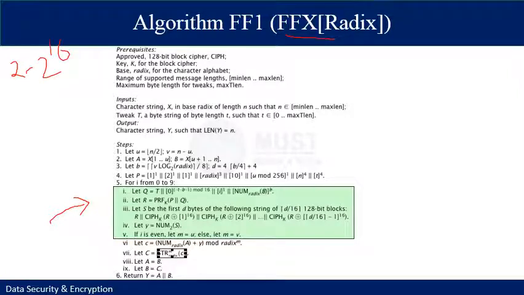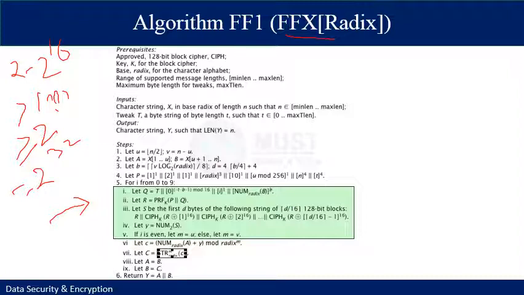And there is a minimum length: the radix raised to the minimum length must be greater than 100, and the minimum length of the string must be greater than or equal to 2. Maximum length must be less than 2 raised to the power 32, and maximum tweak length must be equal to or less than 2 raised to the power 32.